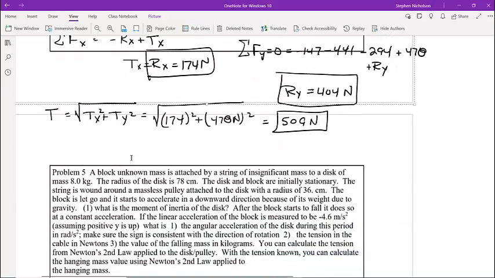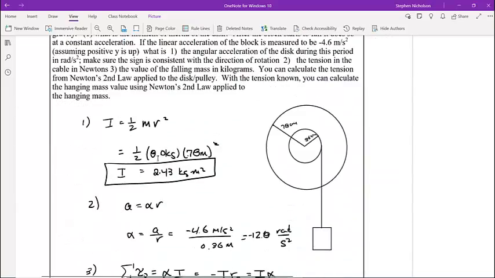Okay, and then the final one, you've got the torque being applied through the pulley, and then you've got the disc that's larger, just like in the lab. So to find the moment of inertia of the disc, you use the radius of the disc. And that's the only place, and I mentioned that a couple of times during the test, that you use the radius of the disc: for the moment of inertia.